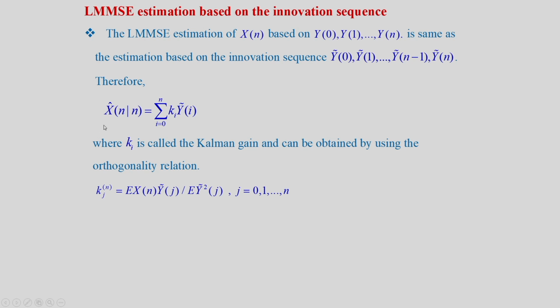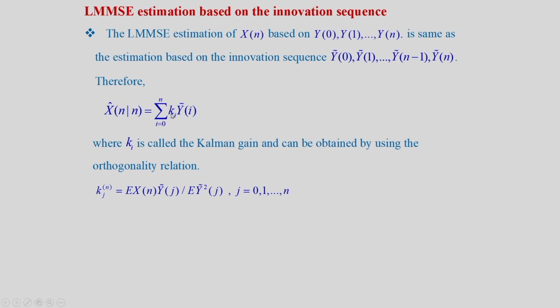Thus, we can write the estimator x hat n given n as summation k I y tilde I going from 0 to n, where k I is called the Kalman gain. We will see later on why it is called Kalman gain.